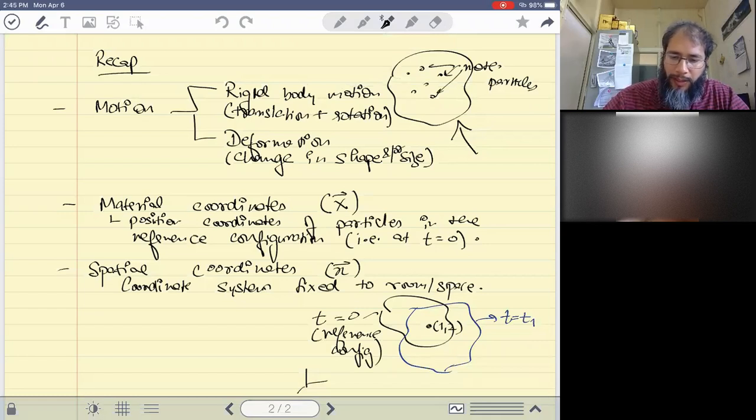So what we see is that at t equals 0, which is the reference configuration, we had a particle A here, which has moved to small a in the current configuration.